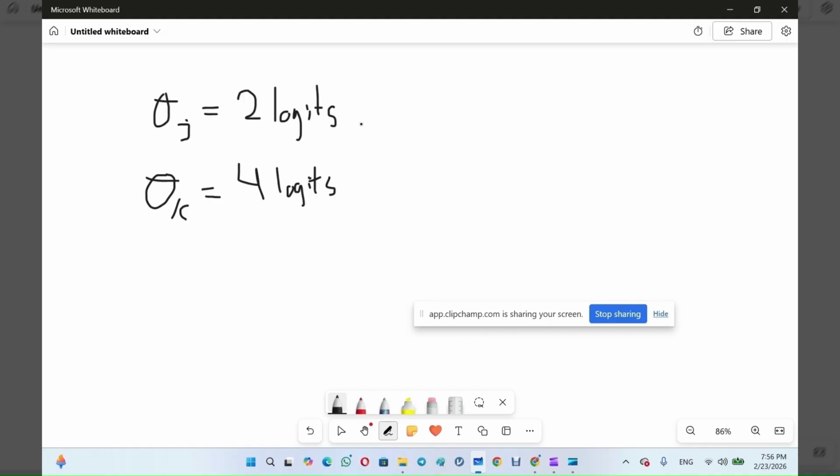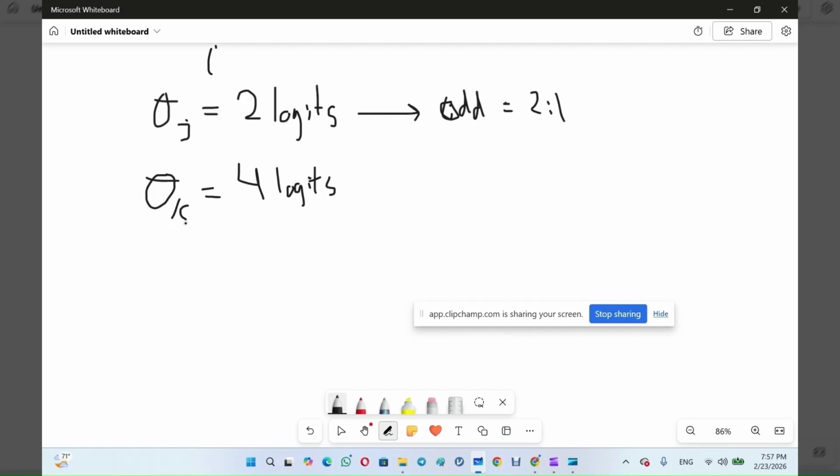Now, suppose we're speaking about a fixed item I. Suppose that these 2 logits for this question I produced odds that were 2 to 1. So the probability of answering the question is double the probability of failing it.